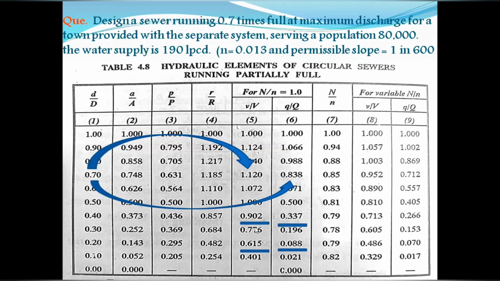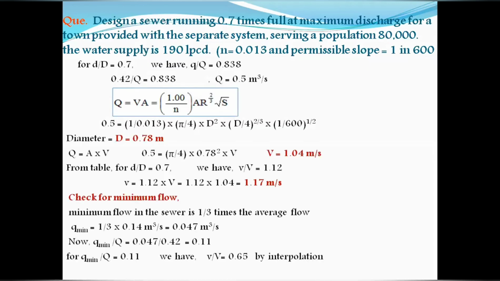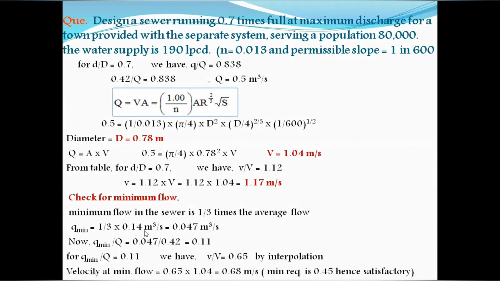That means the value of v by V will also lie in between these two values. Hence, by interpolating, we get the value of small v by capital V as 0.65. Then the velocity at minimum flow is equal to 0.65 into capital V as 1.04 meter per second.